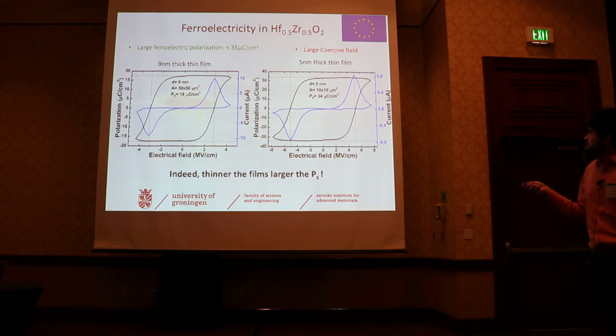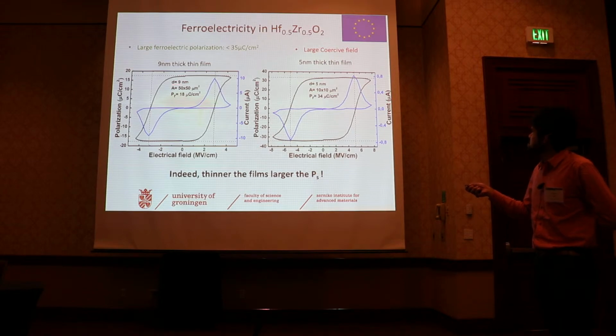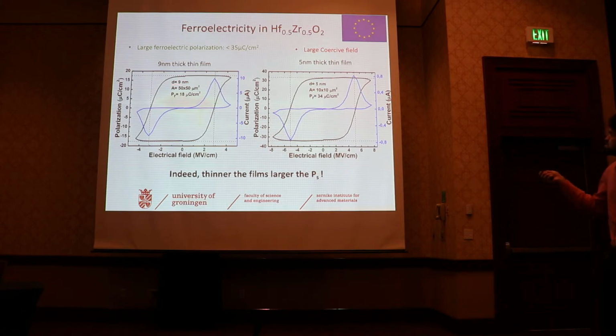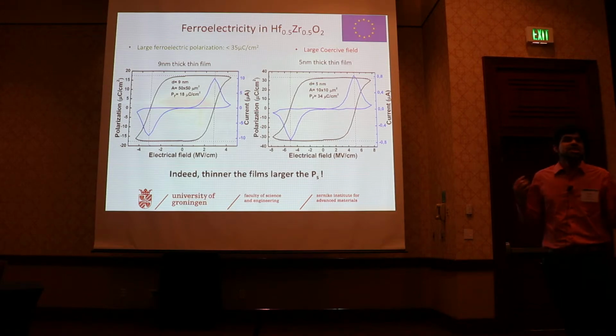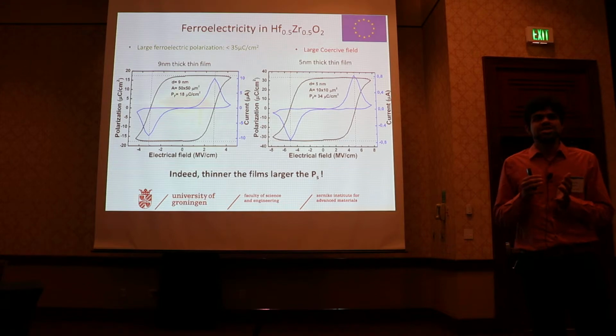Okay, so the other thing that we observe is that as you keep reducing the thickness of the film, the value of spontaneous polarization actually increases from, let's say, 18 microcoulomb per centimeter squared here to something like 34 microcoulomb per centimeter squared. So this is an anomalous ferroelectricity. It keeps getting more and more robust as you reduce the thickness of the film.